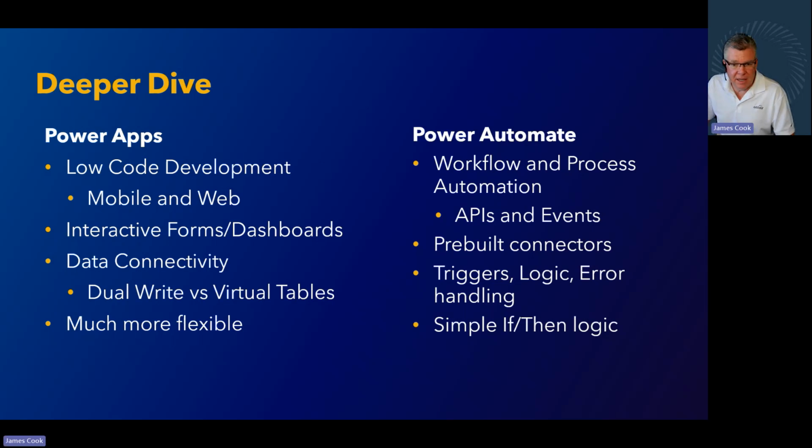The functionality enables the creation of automated workflows between different applications and services, and it uses a visual designer. Integrations: it connects with over 1,000 pre-built connectors, including Microsoft services and third-party applications. For the use cases, Power Automate is suitable for automating tasks like sending notifications, synchronizing data, and automating approval processes.